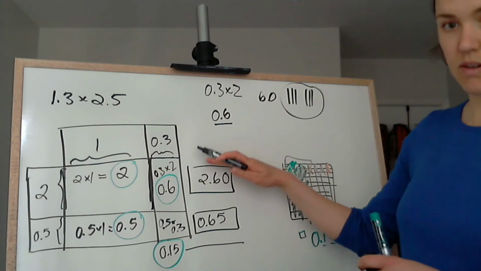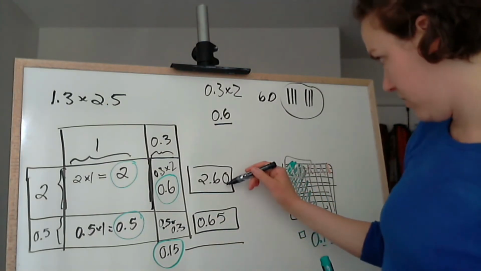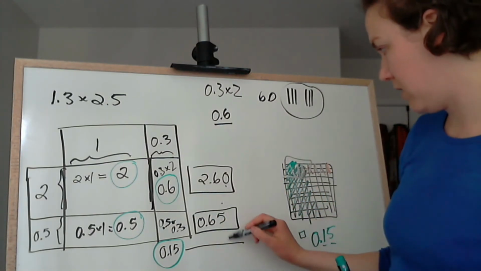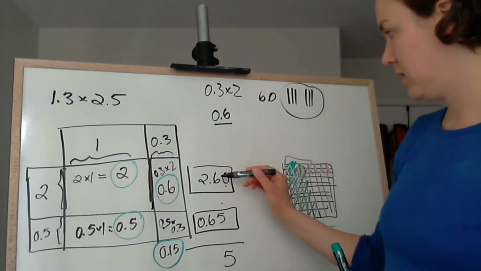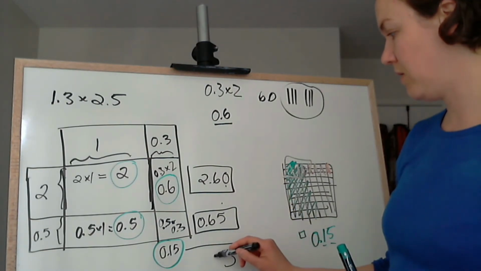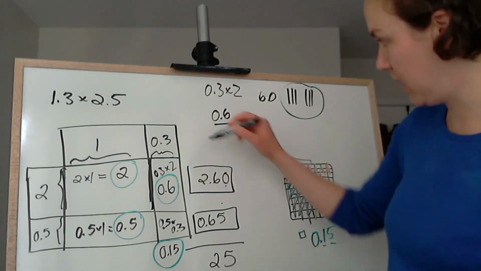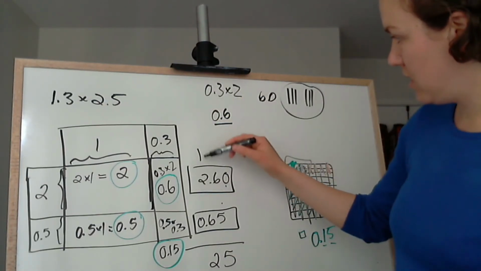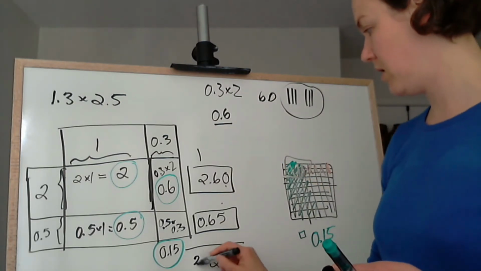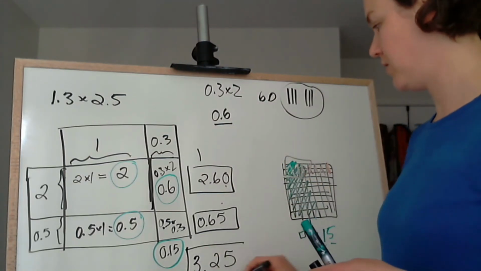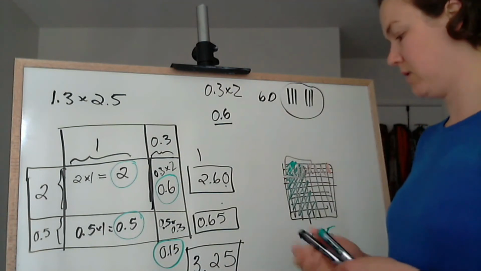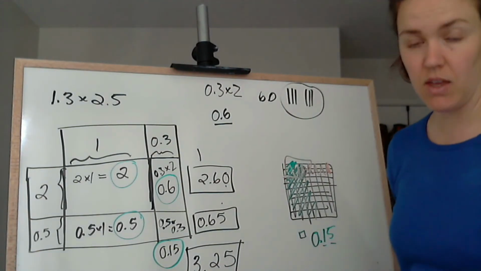And then you can add these two together. So 0 hundredths, 5 hundredths. 6/10 and 6/10 is 12/10, which is 2/10 and 1 whole because I regroup. 2 plus 1 is 3. Okay, so my answer after all that is 3 and 25 hundredths.